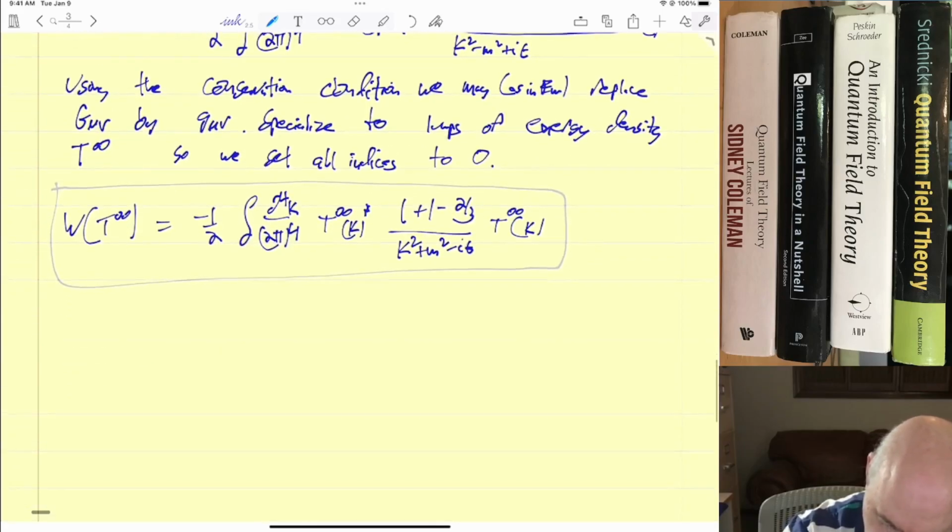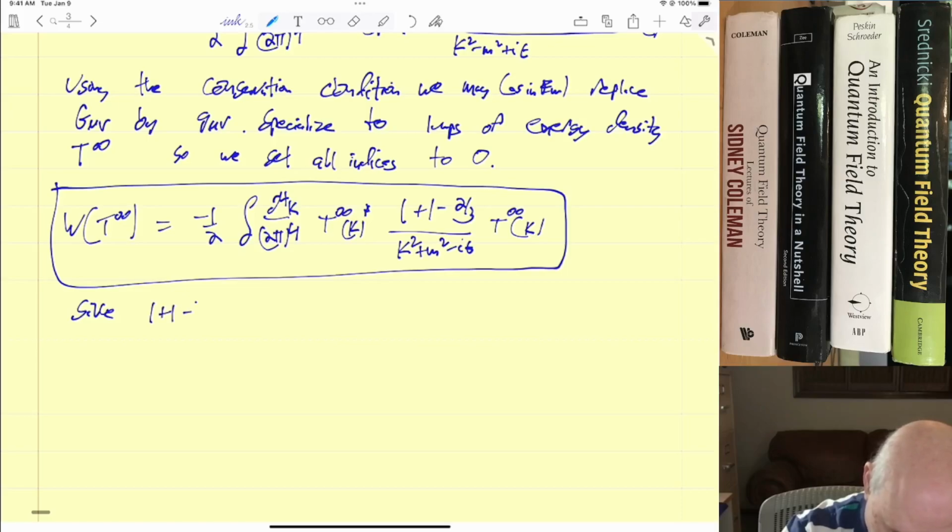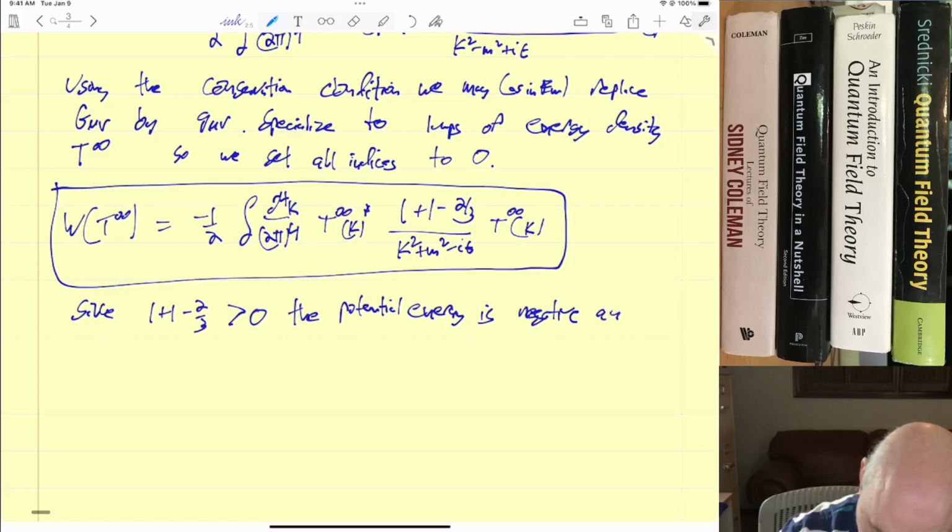And since 1 plus 1 minus 2/3 is greater than 0, we're good. The potential energy in gravity is attractive.